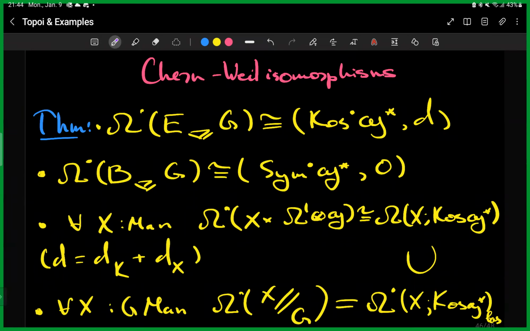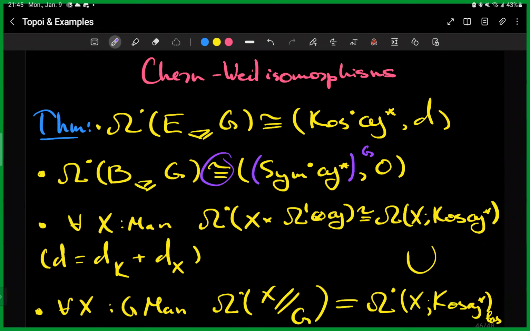And similarly, the de Rham complex of the classifying simplicial sheaf is equal to the invariants of the symmetric algebra on the dual of the Lie algebra with respect to the action of G. So that's what is usually called the Chern-Weil isomorphism, that we can compute the cohomology of the classifying space as invariant polynomials on the Lie algebra.